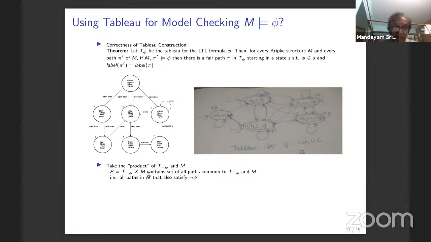So effectively, the product contains the set of all paths that are common to T of not phi and M. Since T of not phi includes all paths that satisfy not phi, all different ways in which not phi can be satisfied, this product will end up containing all paths in M that also satisfy not of phi. Okay.